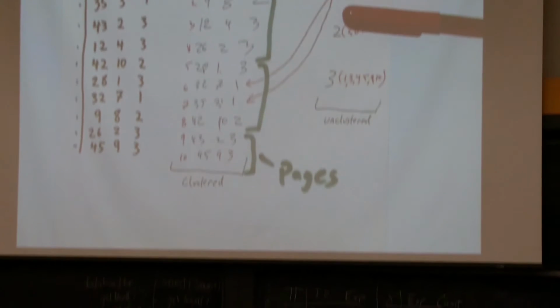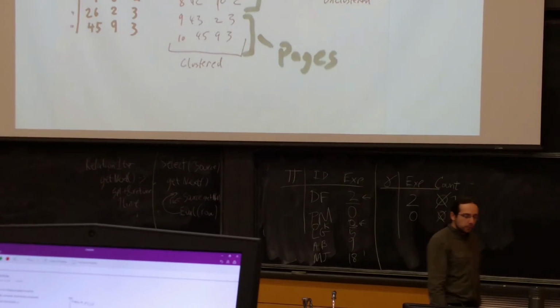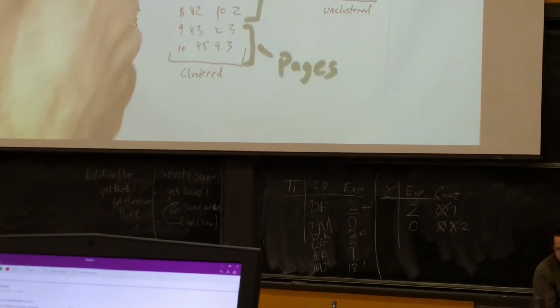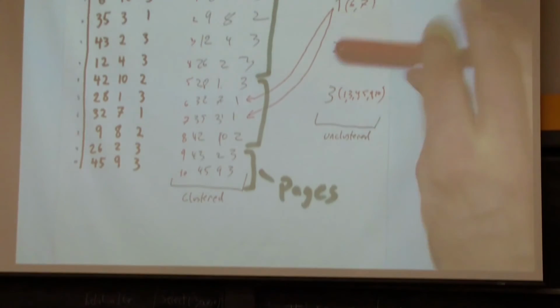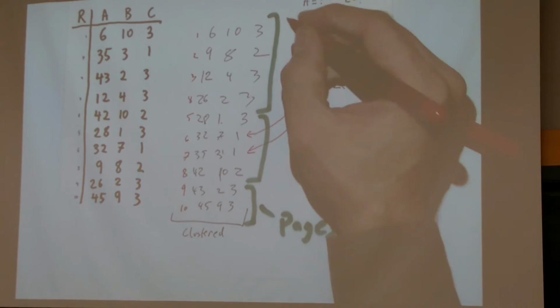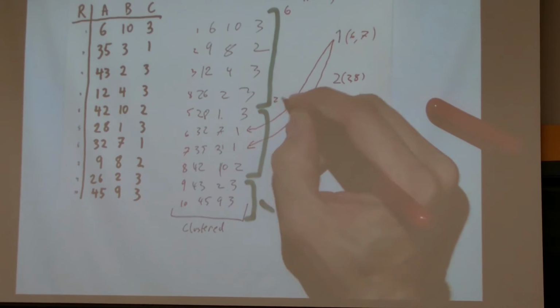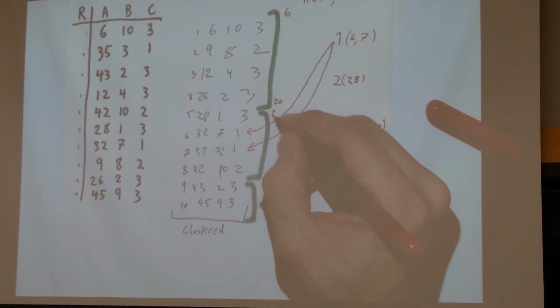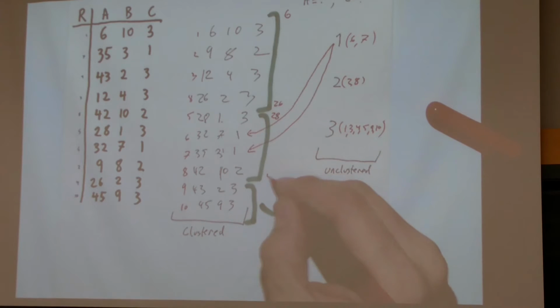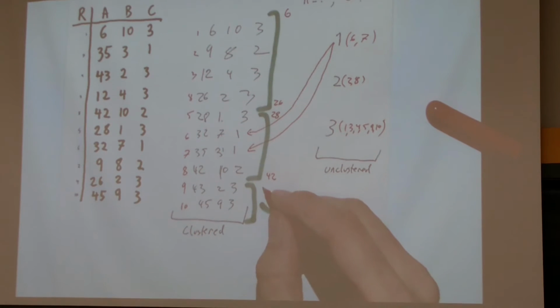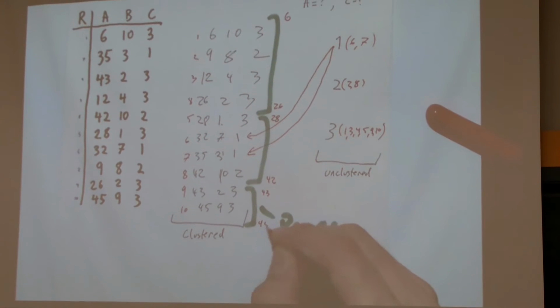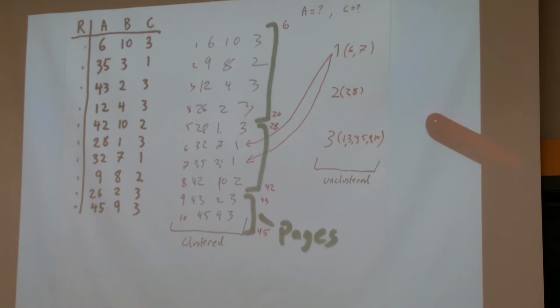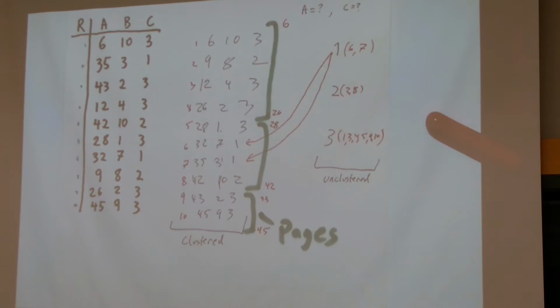But if you can have a little bit of extra information sitting outside of the data set, something that summarizes, by the way, the contents of this page include anything from 6 to 26, the contents of this page include everything from 28 to 42, and the contents of this page are 43 to 45, that would be super helpful.